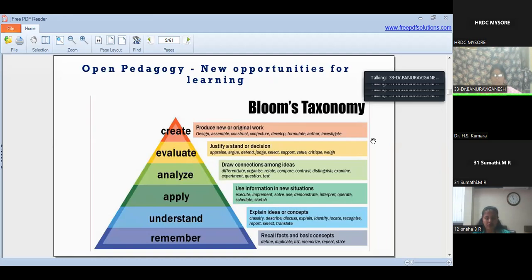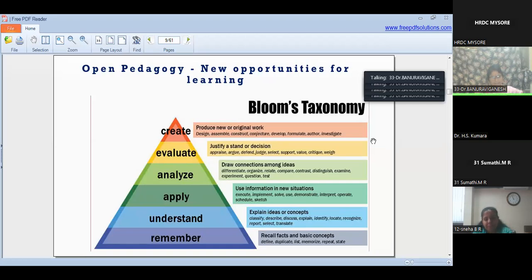The broad base of the pyramid is remember, that is K1, which will be accepted by more students. Then the level of acceptance goes to understanding and applying, then analyzing, then evaluating, and finally they will have the creative method that we have taught.